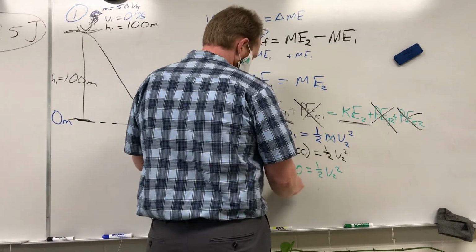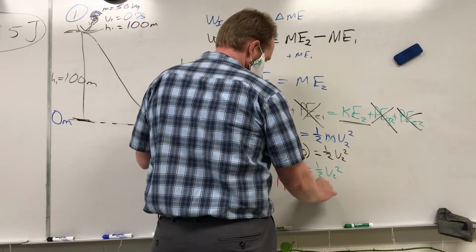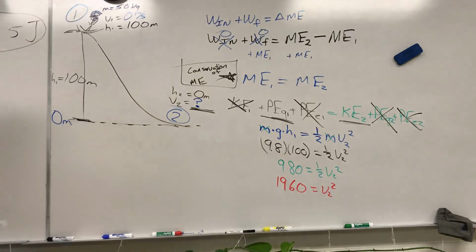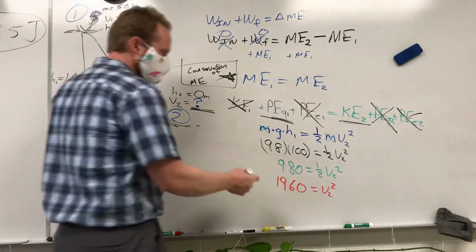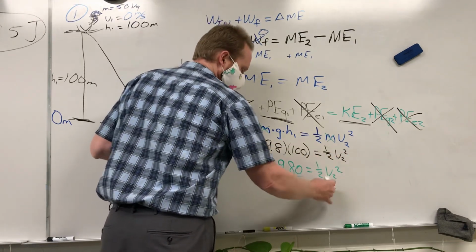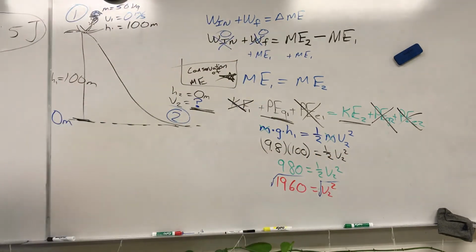I believe that is 1,960. Is that correct? Okay. Then we have to take the square root. Don't forget to take the square root. Some people like to try to take the square root here, which is possible, but almost everyone that does that screws the algebra up, so I don't recommend it.